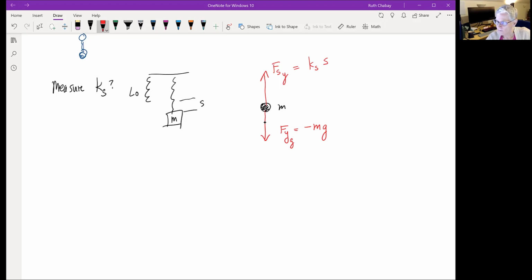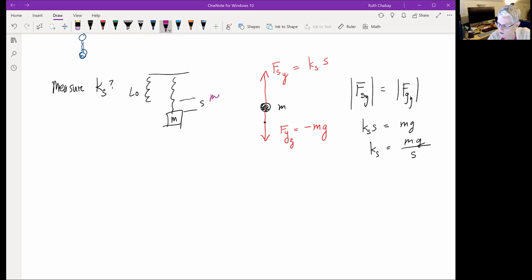And so we can solve for K sub S. The force by the spring in the Y direction is equal to the gravitational force in the Y direction, so K sub S times S equals M times G. And so the spring stiffness we would get from the weight of the mass divided by how far it's stretched. So all we have to do is measure this.